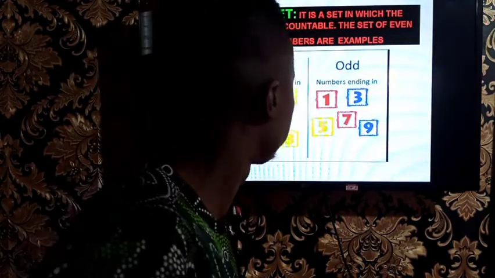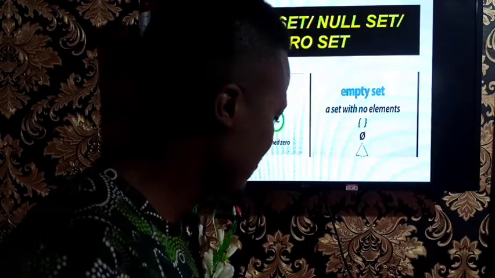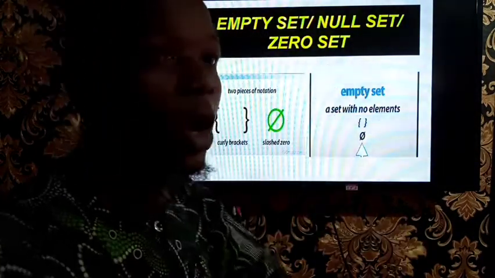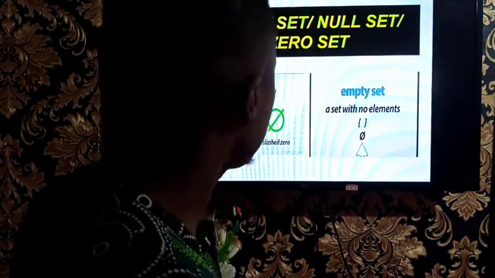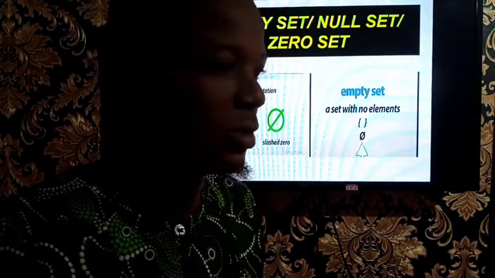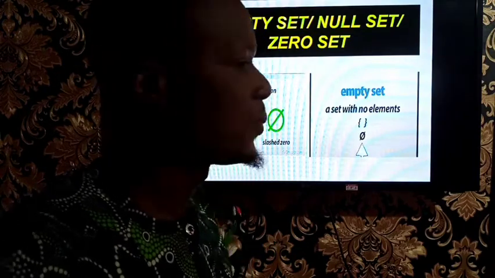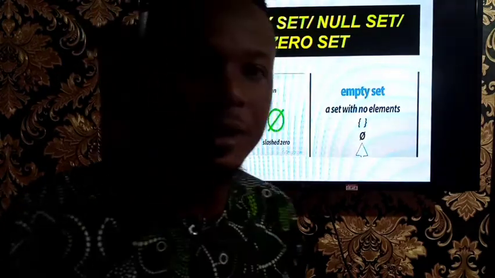Okay, there are other types of set apart from this finite and infinite set. We have a kind of set we call the empty set, or the null set, or the zero set. From the name, it is self-explanatory.